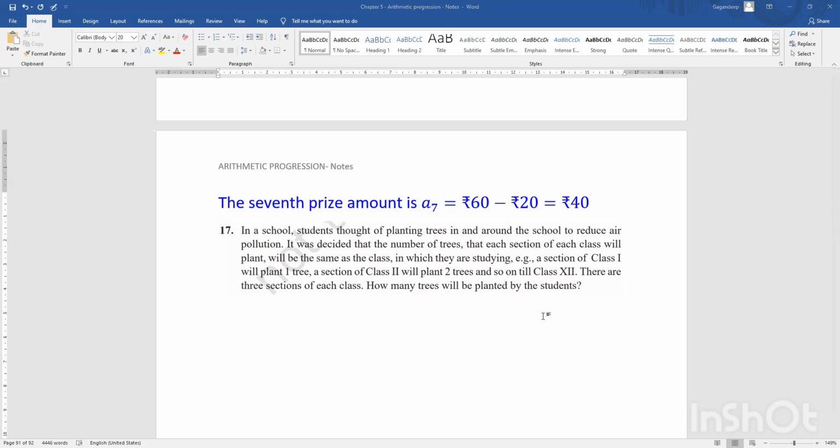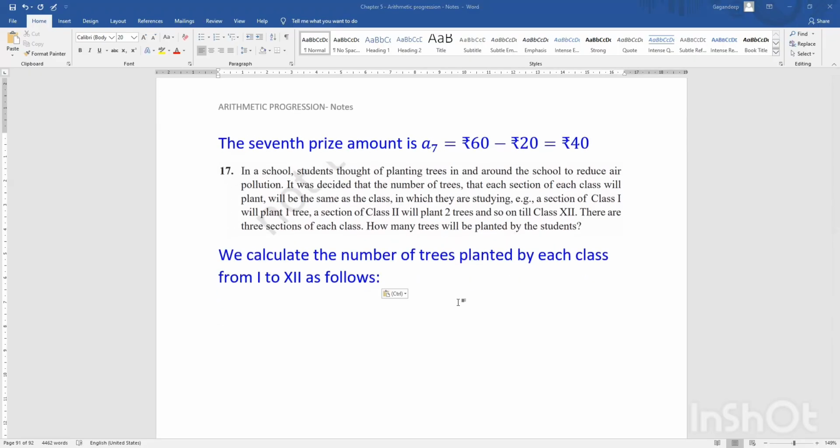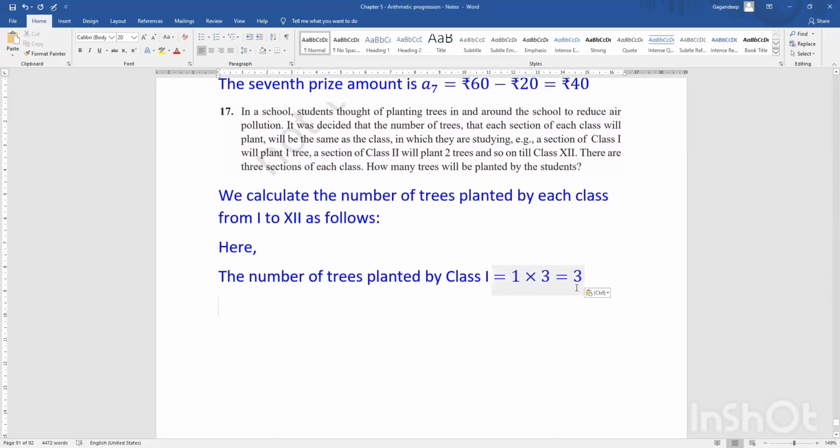Now here we are going to calculate the trees as follows. The number of trees planted by class 1 is nothing but 1 into 3, which is 3. Then the number of trees planted by class 2 is equal to 2 into 3, which is 6.